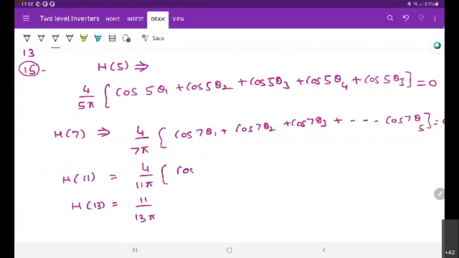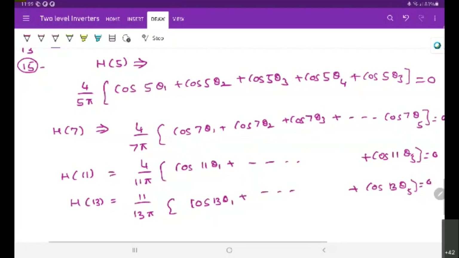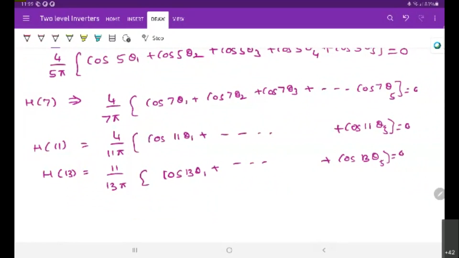You get cos 11 theta 1 up to plus cos 11 theta 5, which is 0, and cos 13 theta 1 and so on, up to cos 13 theta 5, which is 0. Is it clear? Okay. So we have equated to 0 all the coefficients of the harmonics that we want to eliminate.